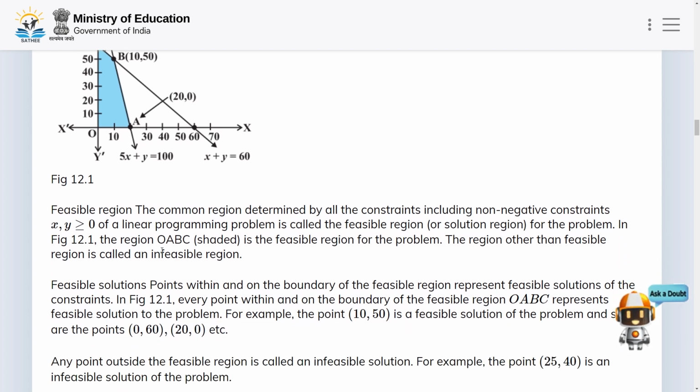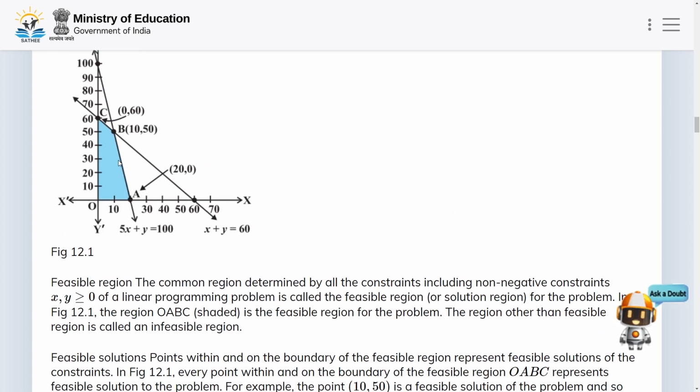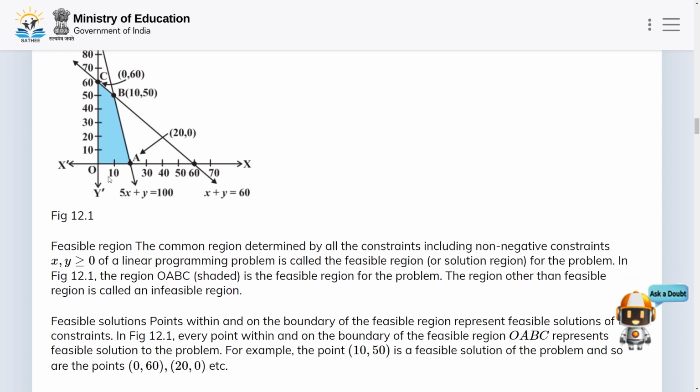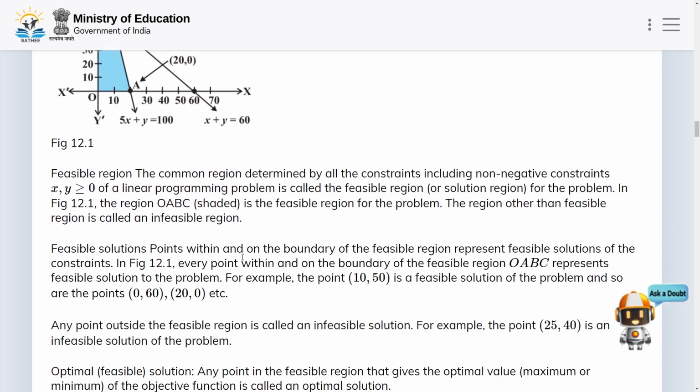Now the area or the points outside this blue region we will call the infeasible region. The region other than the feasible region is the infeasible region.